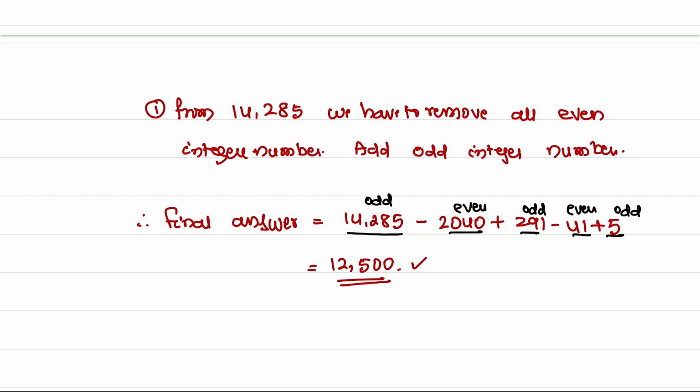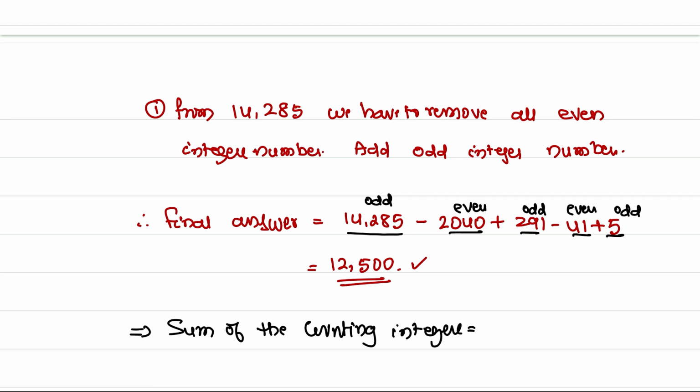That means when you count the integers, sum of the integers, when we make sum of the integers, counting is nothing but sum of the integers. That means sum of the counting of integers.